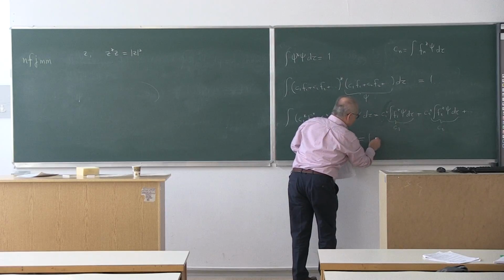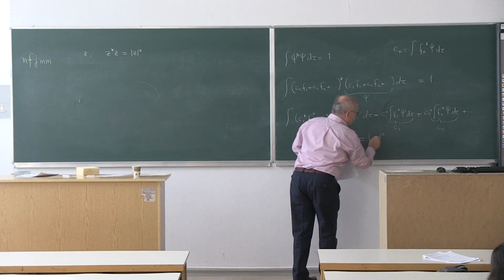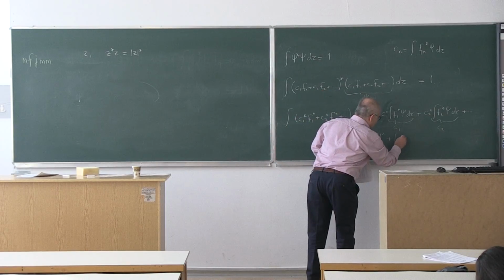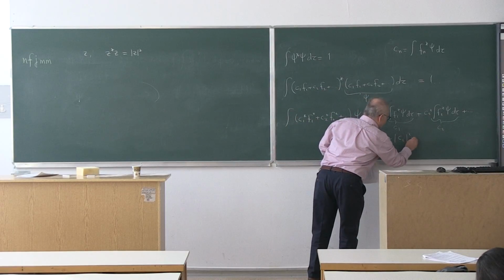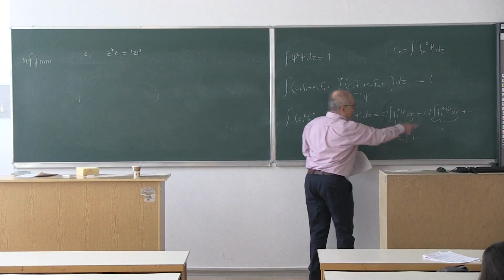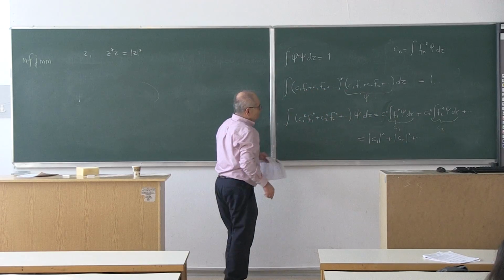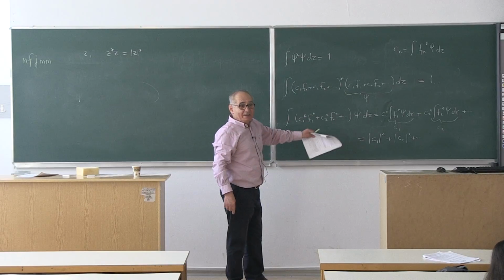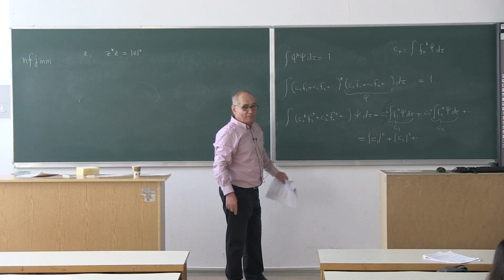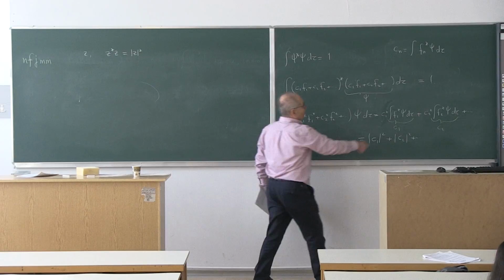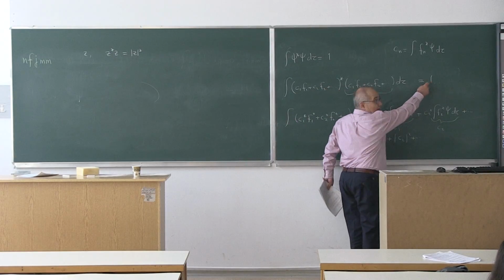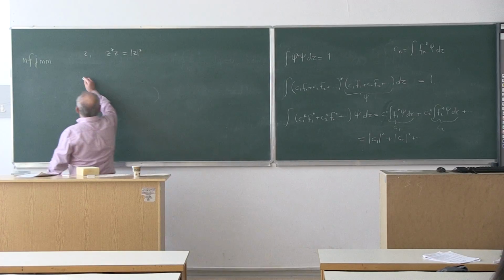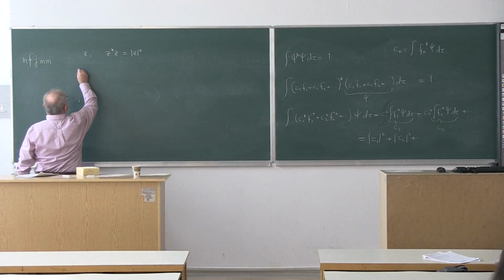C1 star times C1, we write magnitude of C1 square, plus C2 square, and it continues like this. The sum of the squares of the coefficients is equal to 1. So we have this relation.